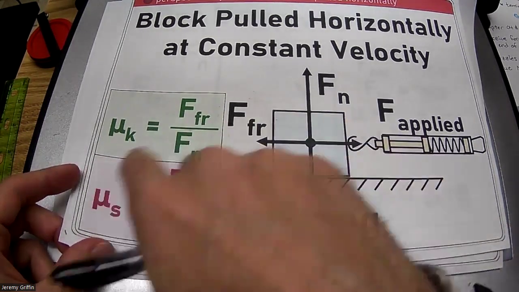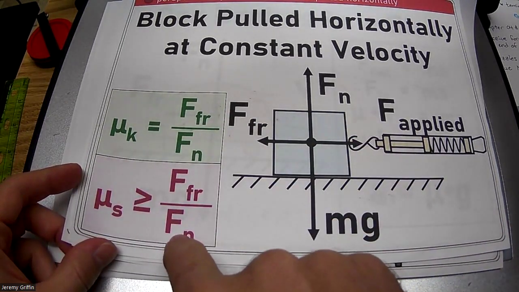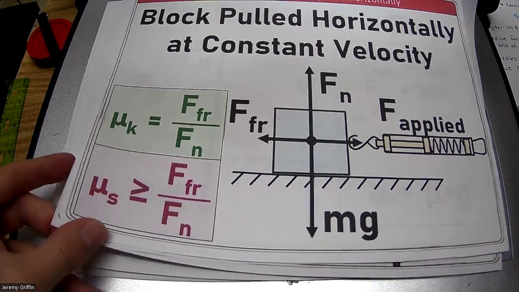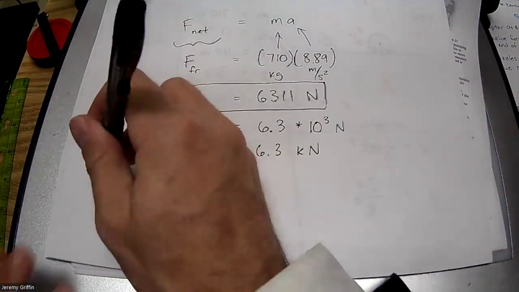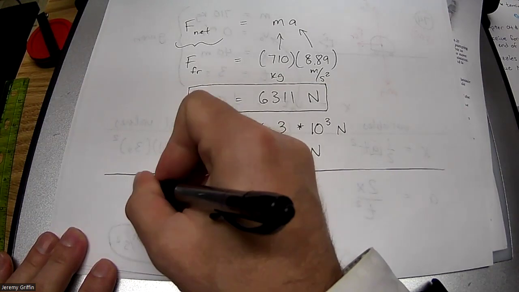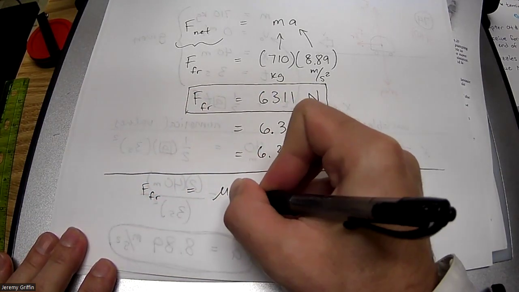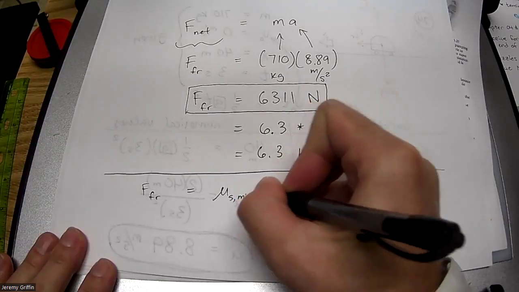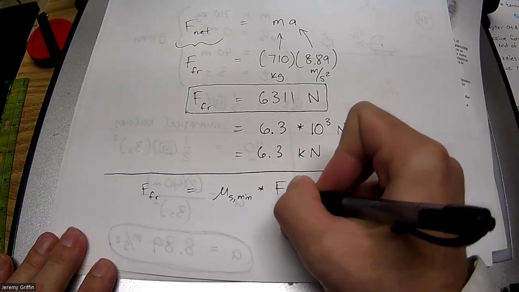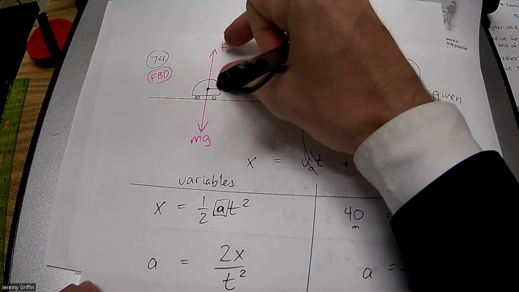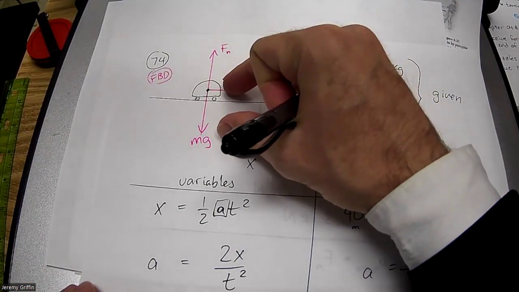And also I'm gonna rearrange this a little bit. Can I take the normal force and cross multiply that over here? Right. So it's gonna look like this. Friction force is equal to coefficient of static friction minimum times the normal force. Right. And if you think back to the free body diagram, isn't the normal force just exactly balancing out the weight?